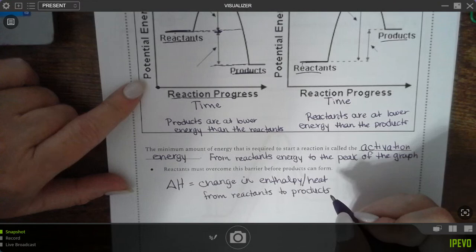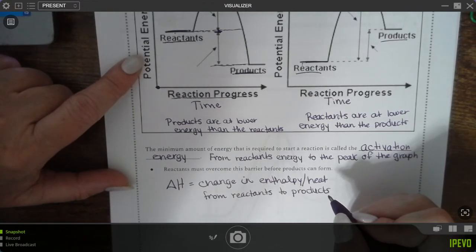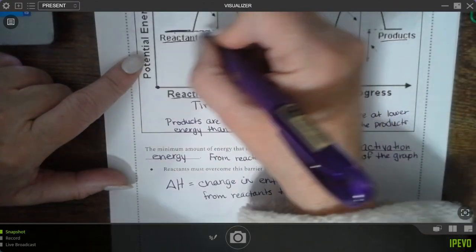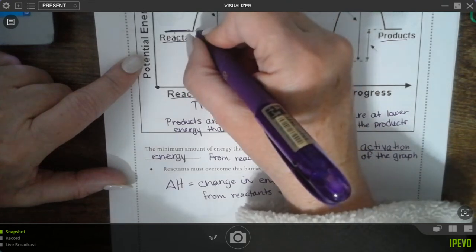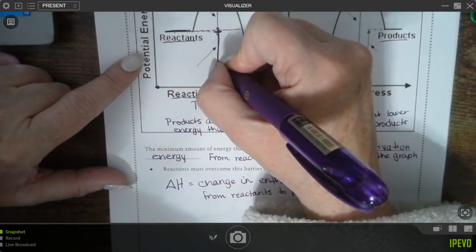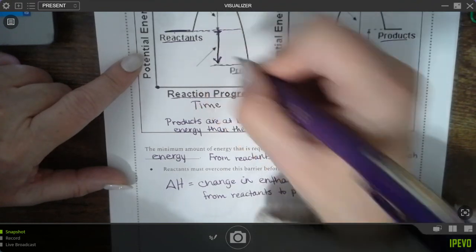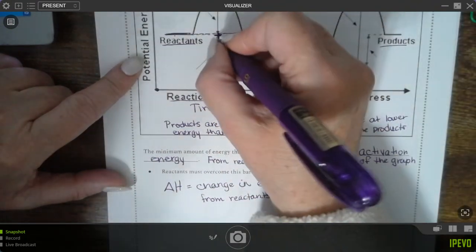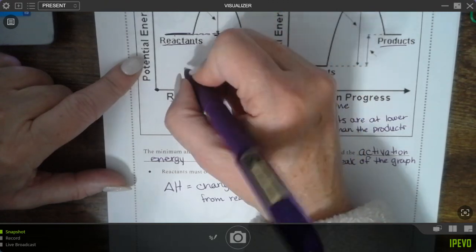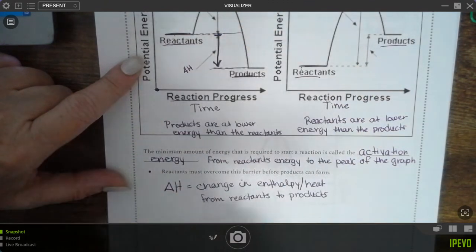So in my exothermic reaction, my delta H is from my reactants to my products. Now I want you to notice something. I drew that arrow going down.